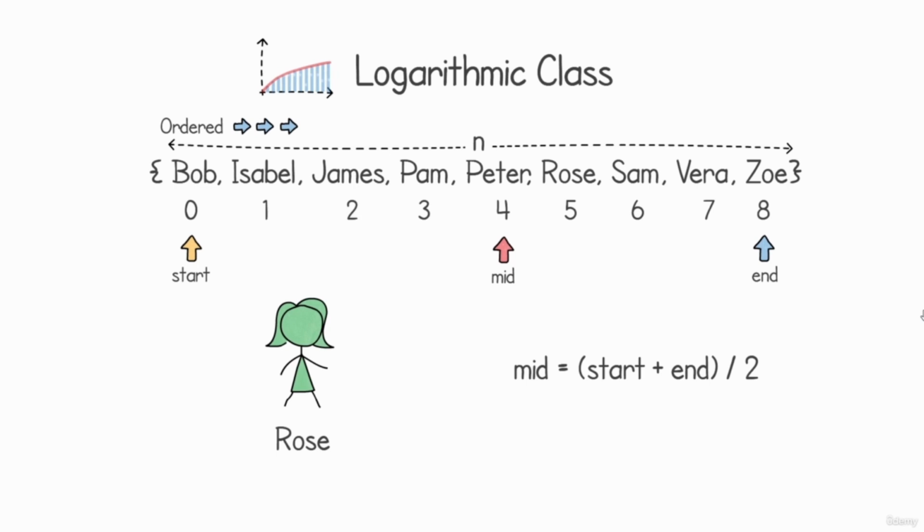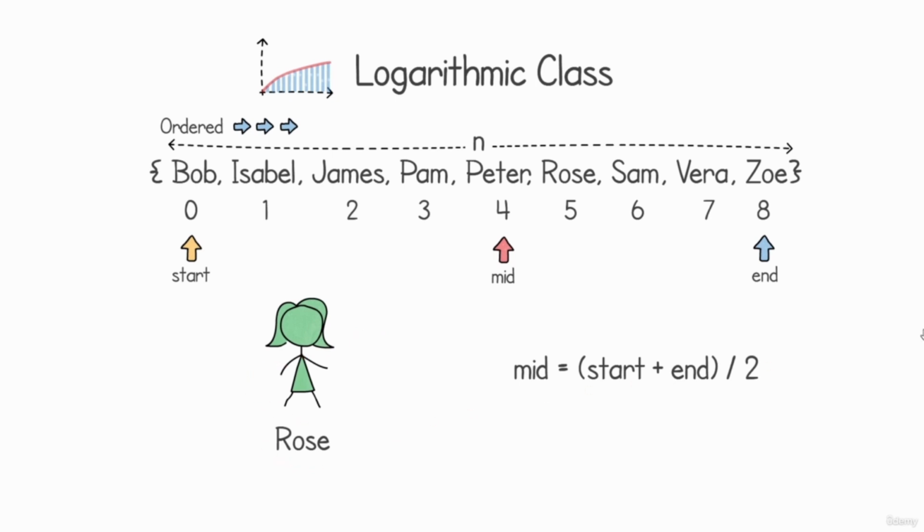Once we have the positions of these 3 pointers, what we do is find out whether the item pointed at by the middle pointer, this one over here, the item Peter, is the same as our input string. The input string in our example is Rose. We are looking for Rose in our input list.